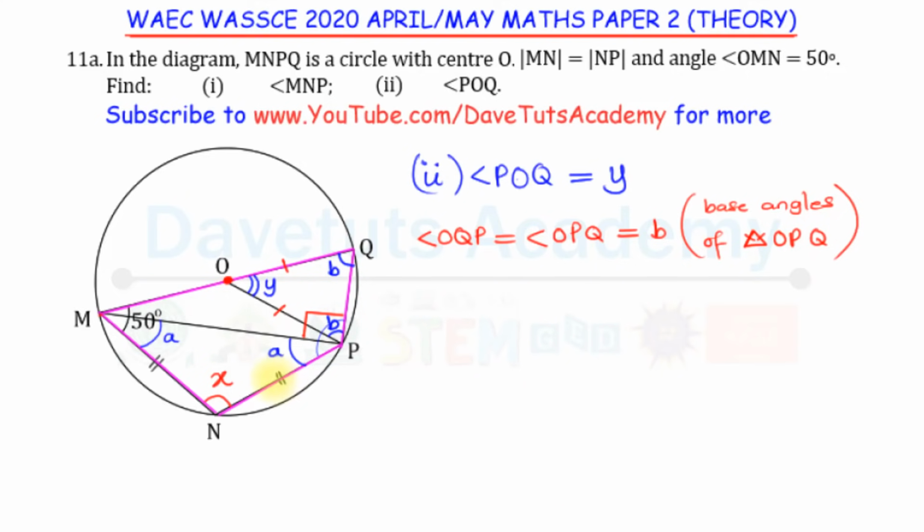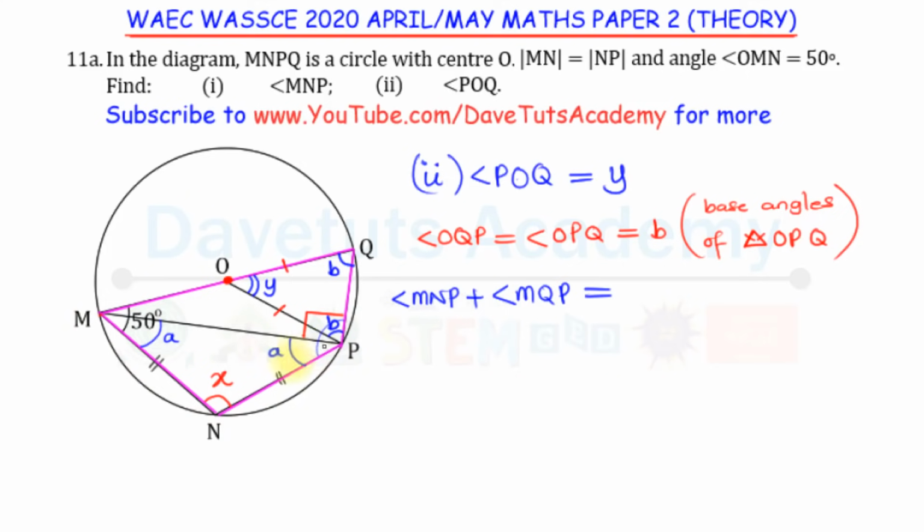But you recall that we have gotten the value of x to be 100 degrees. Now, MNP, just look at this now. Angle MNP plus angle MQP, if you are observant, we will see that they are opposite each other. This is the cyclic quadrilateral.